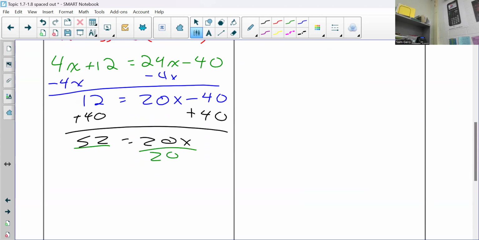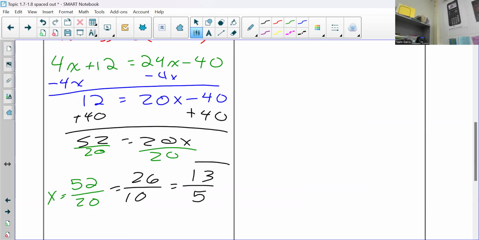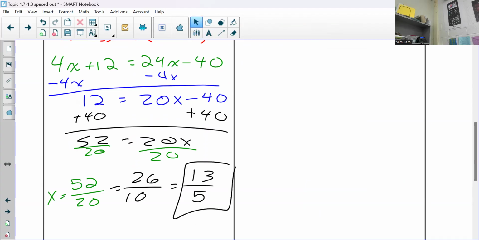Divided by 20, 52 over 20 equals x, but you should simplify. They're both divisible by 10, so that's 26. Oh wait, they're both divisible by 2, not 10. So they're divisible by 4. So my answer is 13 over 5. There are no extraneous solutions. Extraneous solutions means x equals a value, but it's not valid. That's where you have undefined.